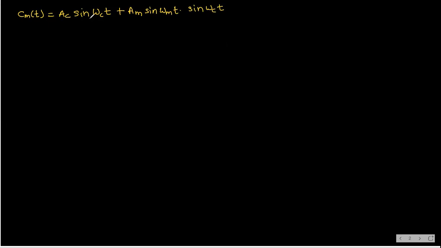Now what I am doing, if I am taking AC common, what we are getting, see, AC common into bracket, sine omega c t plus, here there is no AC, so that's why AM by AC into sine omega m t into sine omega c t. This AM by AC is called the modulation index.